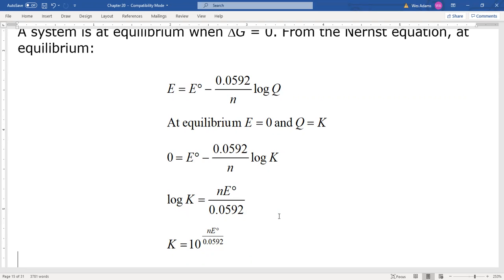And then K is equal to 10 raised to the N E standard over 0.0592.